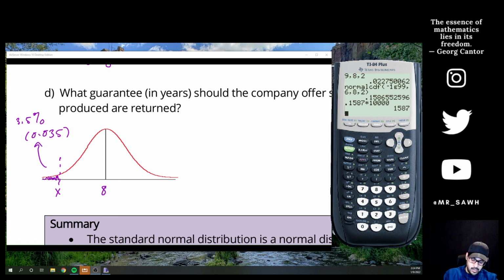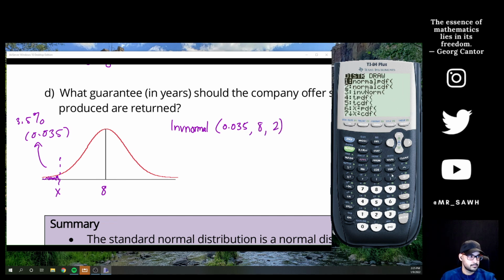Okay, so this again is an inverse normal scenario where the area to the left is 0.035, average of 8, deviation of 2. That still hasn't changed. So number 3 this time, so 0.035, 8, and 2. There is a much better guarantee for them.